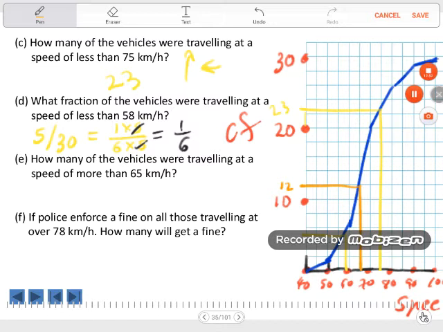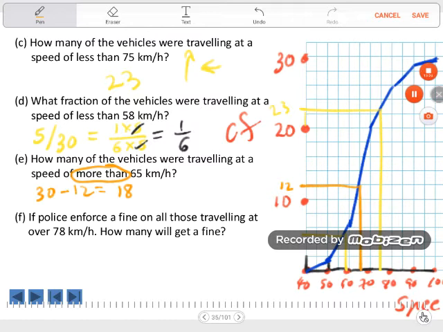Well, there's 12 less, and the rest were all travelling faster than that, of the 30. So if we subtract that 12 from 30, we get 18. So 18 drivers are travelling more than. So we subtract the number we get here from the total number, if we're asked about more than. If it's less than, just whatever number you get. But if it's more than, you're going to have to subtract it from the total.